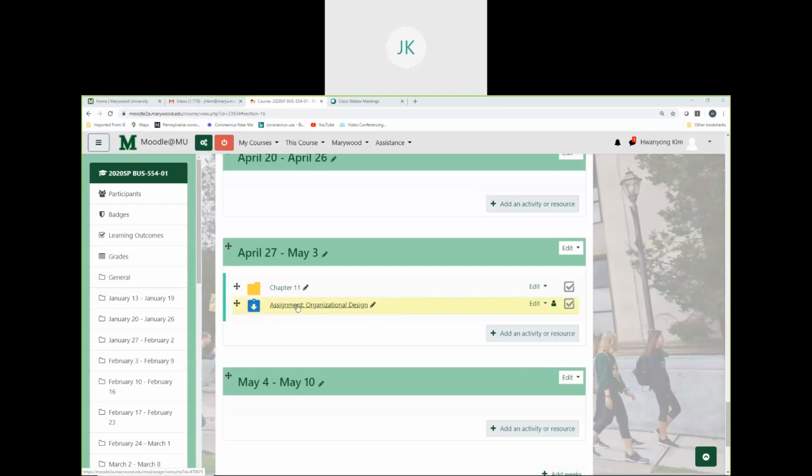Click this one, then you can download the individual assignment questions. There are two questions. So answer the questions. As I always say, not much, maybe one or two paragraphs for each question. Less than half a page of answer. And then save and upload. Due is next Tuesday, May 4th.